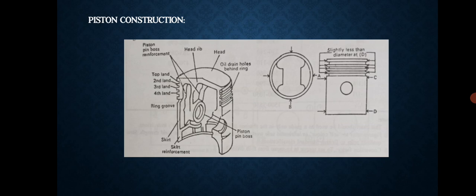Ribs inside the piston head reinforce it and enable it to carry away the heat from the head to the rings. The skirt of the piston is the outside part below the ring groove. It keeps the piston in alignment. The skirt forms a bearing area in contact with the cylinder wall, which takes the thrust caused by the crankshaft. There is more thrust on both sides of the piston.